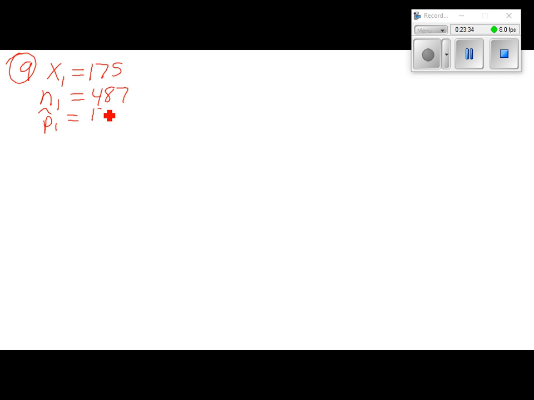To find P hat 1, you take 175 divided by 487, and you should end up with something like 0.36. Then you do the same thing for X2, N2, and again, we have to find P hat 2.